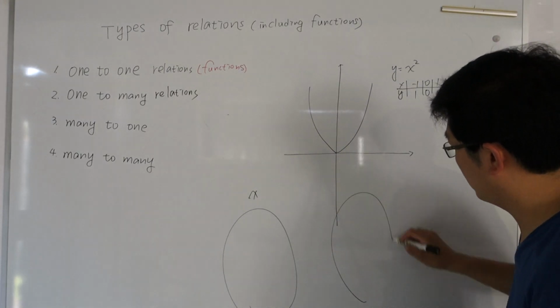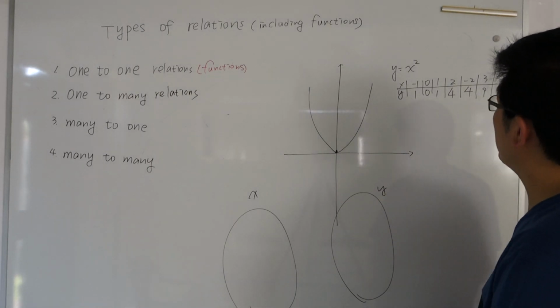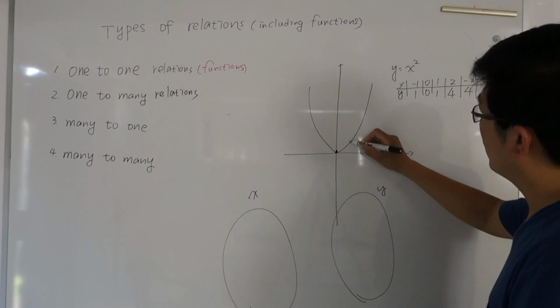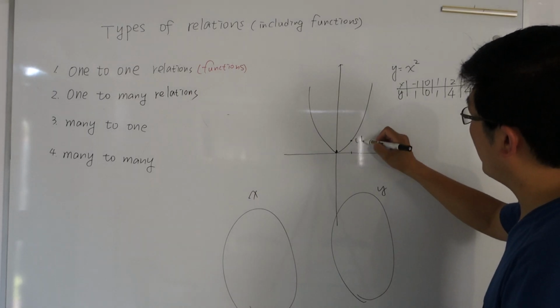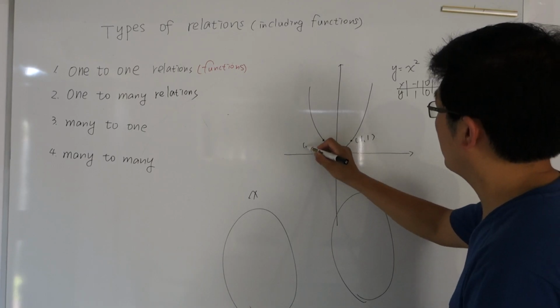x, y, you find that? 0 to 0 is the only turning point. Here is 1, 1. Here is negative 1, 1.